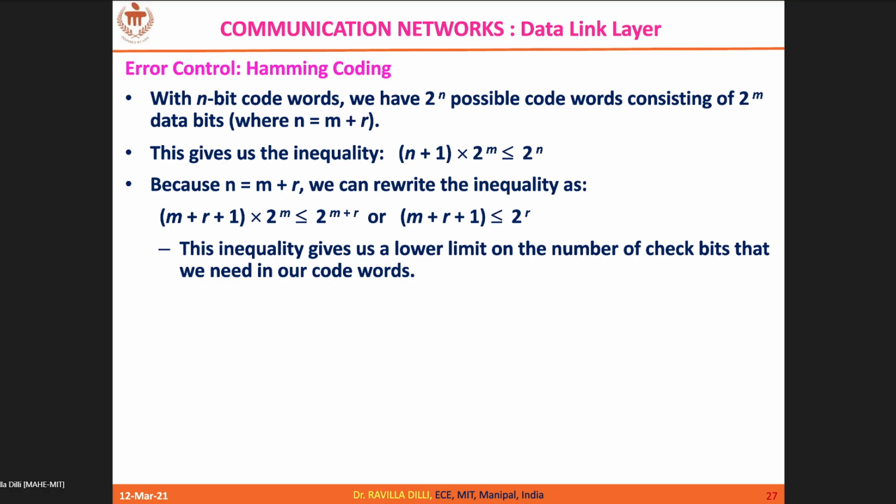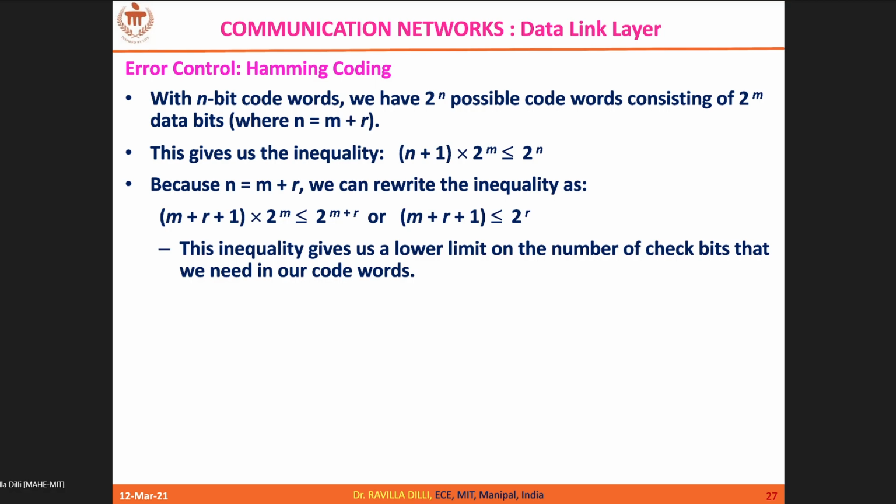Now the point here is, what should be the value of r? For a given m bits, how many r bits should I append? That's the question here. There is a simple theory behind it.